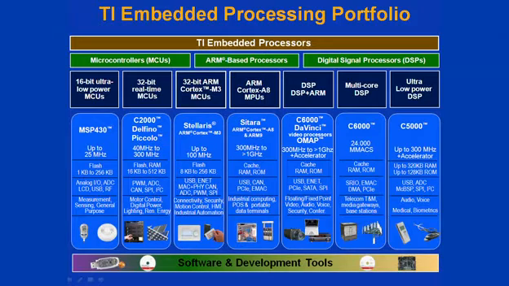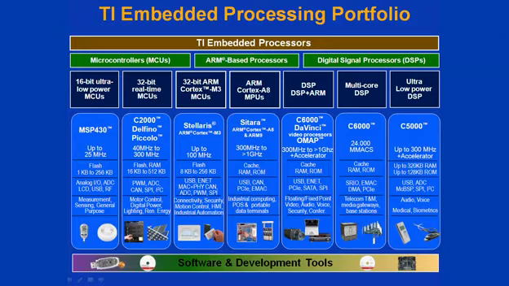Our ARM-based processors include the 32-bit ARM Cortex-M3 Stellaris microcontroller family, the ARM Cortex-A8 Satara microprocessor family, and it also includes the OMAP devices, which incorporates a C6000 and ARM processor. Our digital signal processors include the C6000 DaVinci, as well as multi-core DSPs with up to 24 billion multiply accumulates per second. Additionally, there's an ultra-low-power C5000 digital signal processor family.